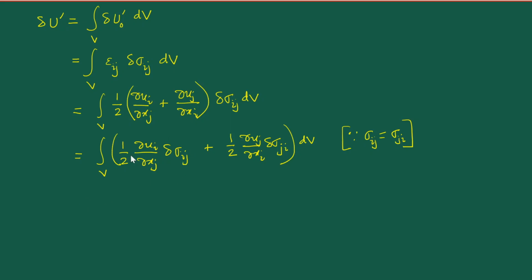Now you see this term, if you were to replace the i by p and the j by k, and here in this term if you replace the j by p and the i by k, these two terms are exactly the same, which means that overall I can write this as del ui del xj. So this is a little trick that we play here.